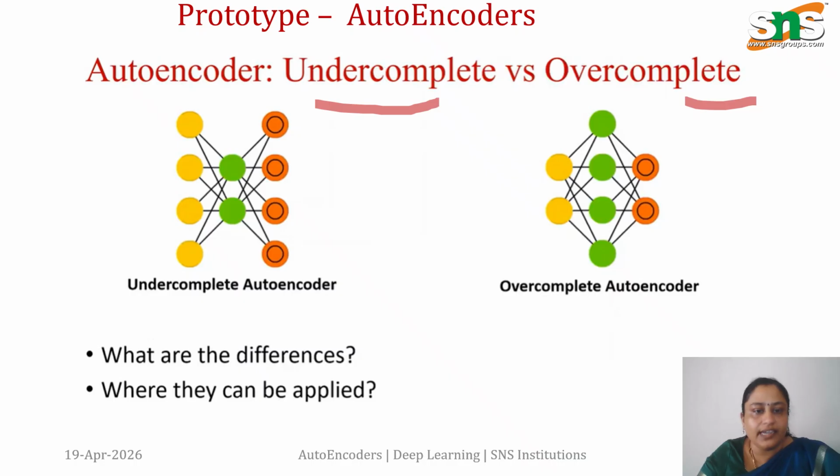That is, it contains a smaller number of neurons than the input layer. In an overcomplete autoencoder, the input layer has only 2 neurons, whereas the hidden layer has 4. Some noise is added to the hidden layer for reconstructing the images. So these are the different types of autoencoders.